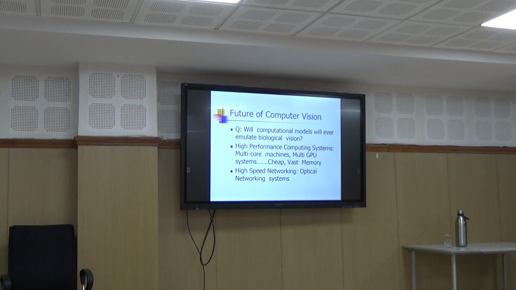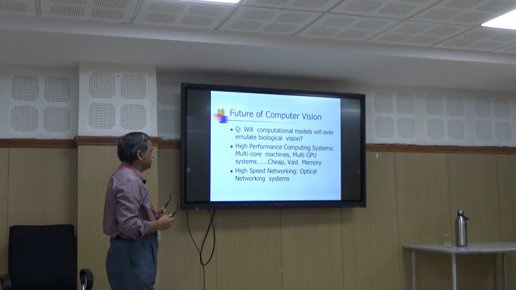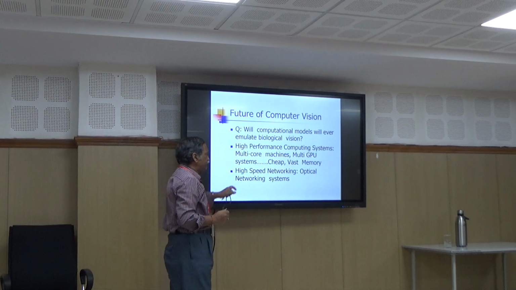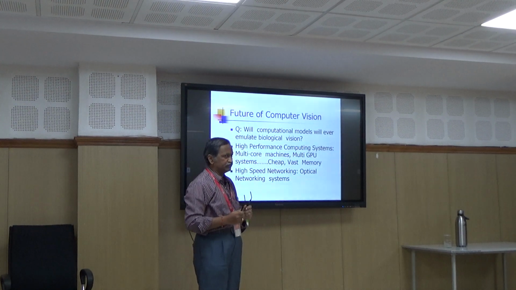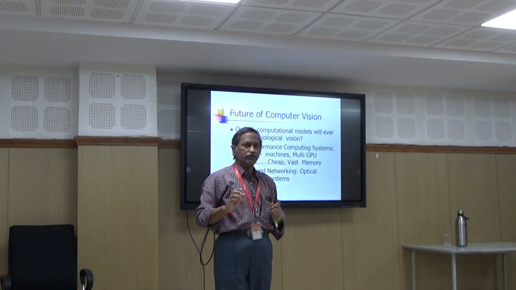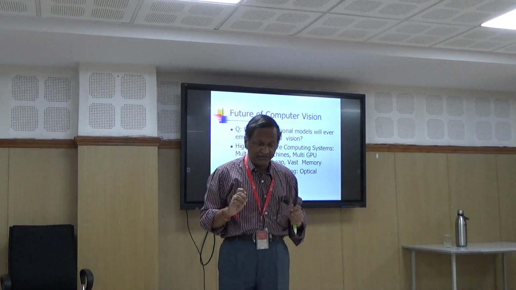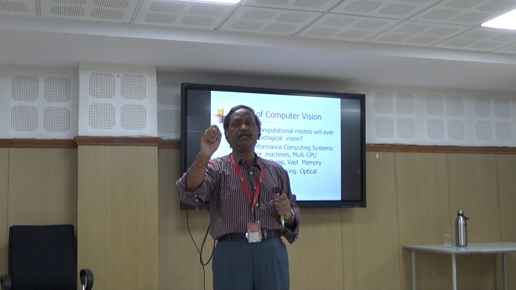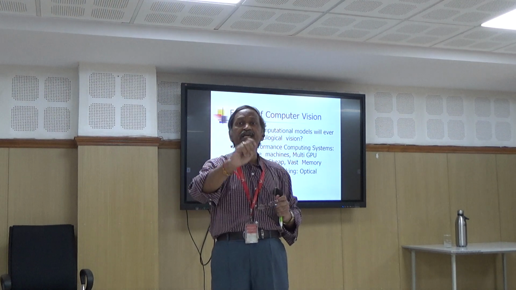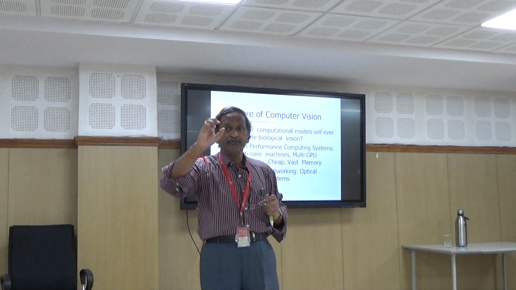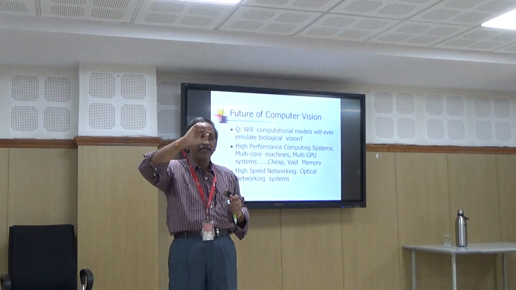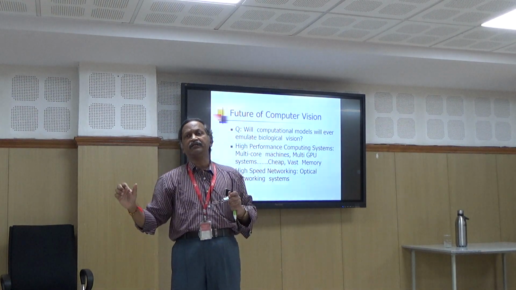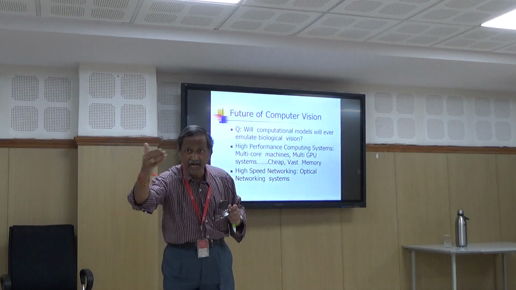The success of deep learning mainly depends upon high performance computing systems. See, if you want to work on a research problem, real-time deep learning, for a given application, can I get my classification in real time?